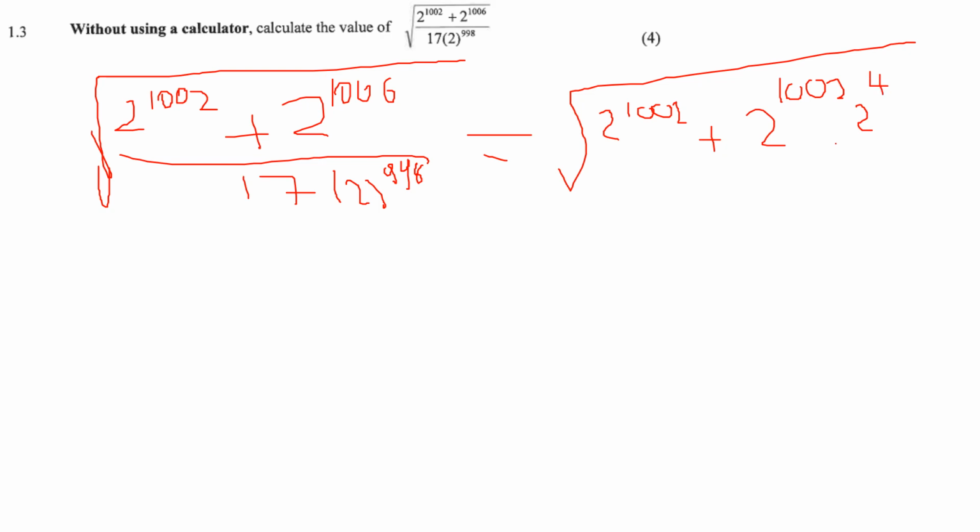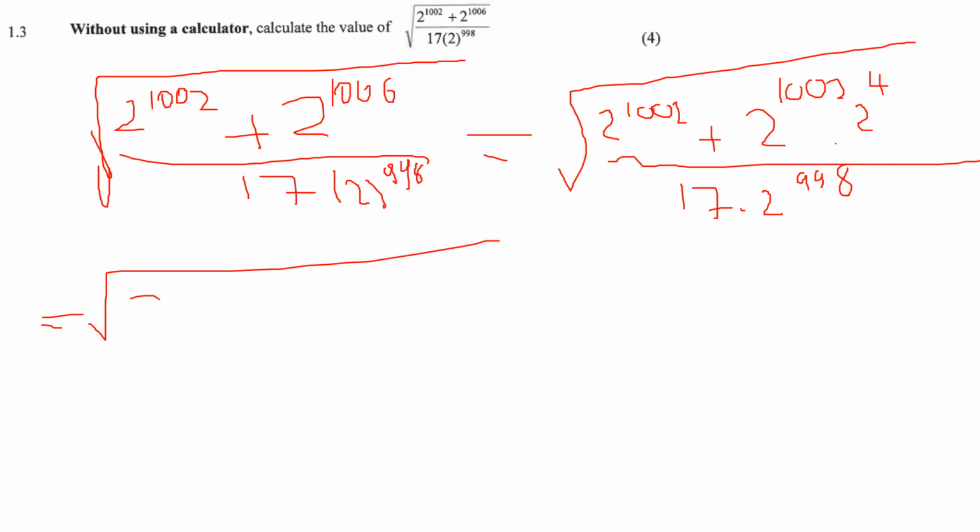So 1002 plus 4 is going to be 1006, so we have not changed anything. And then this is going to be 17 multiplied by 2 to the power of 998. Now we can take out a common factor here, which is 2 to the power of 1002.